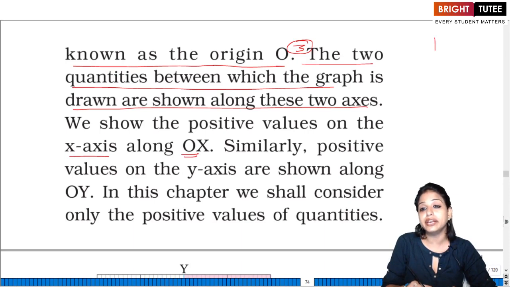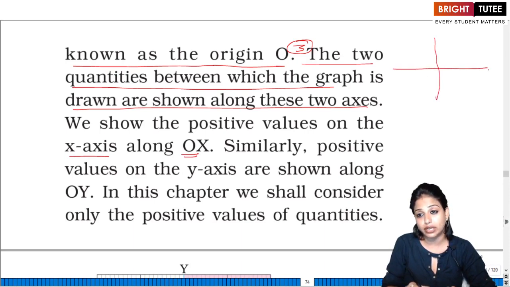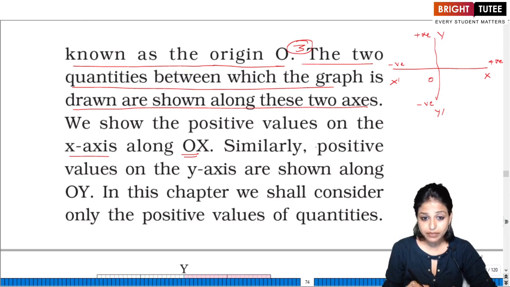So if I redraw my graph, the two perpendicular lines, X, O, X dash, this side it is positive, on this side it is negative. This is Y, O, Y dash, this side it is positive, and this side it is negative. Now positive values on the y-axis are shown along OY, and positive values on the x-axis are shown along the OX.